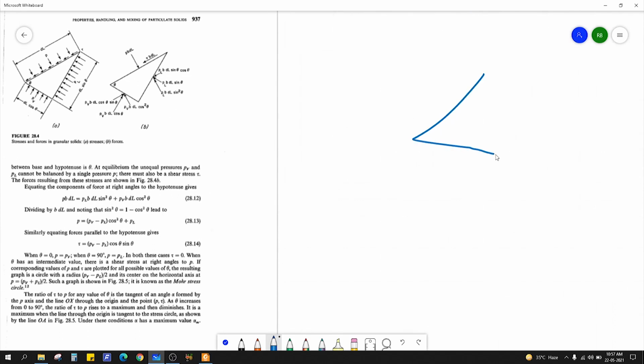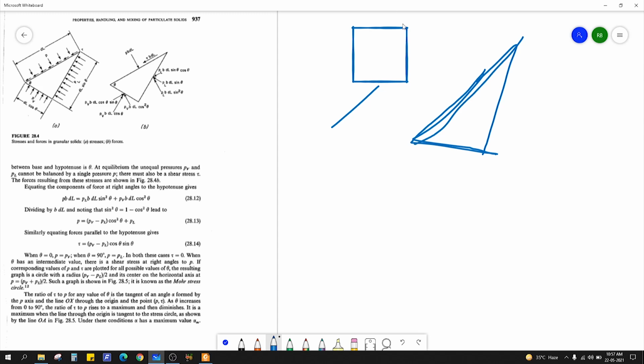A triangle, a hypotenuse, right angle triangle. Okay, so I have rotated the simple square at a certain angle, then taken the half of that square.